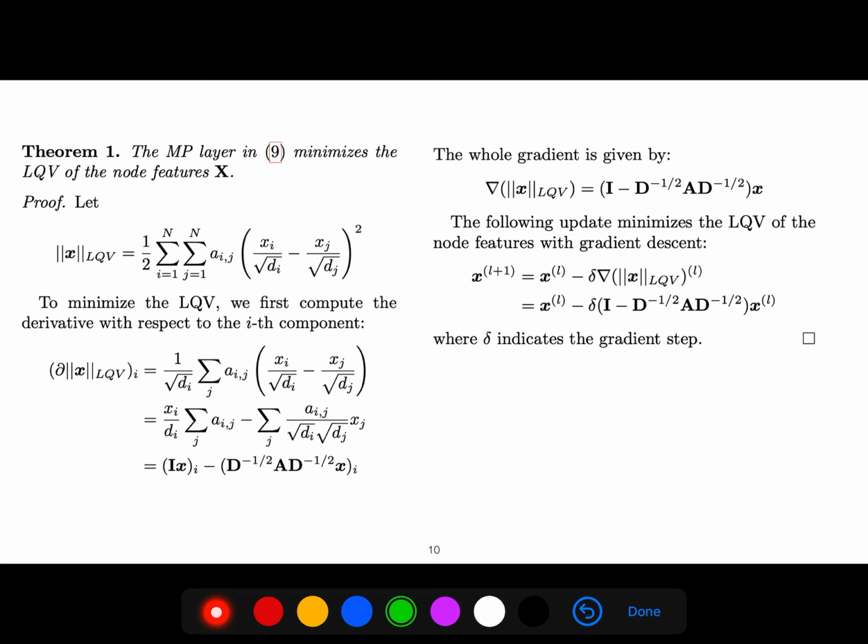To minimize local quadratic variation, we first compute the derivative with respect to the ith component. The whole gradient is given by this. The following update minimizes the local quadratic variation of the node features with gradient descent. And delta indicates the gradient step.